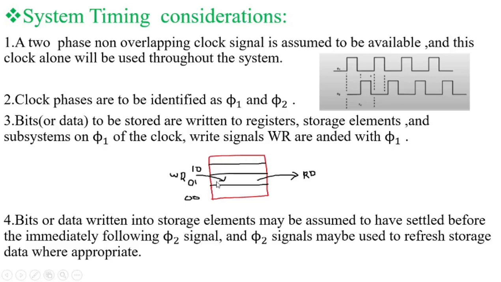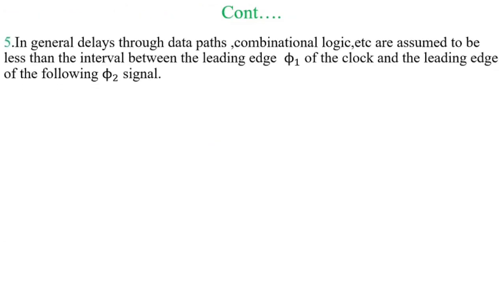After storing the data, we immediately refresh this data. So after the refresh also, the data is stored at the same address location. So to refresh this data in this memory system, we are using the phi 2 clock signal.